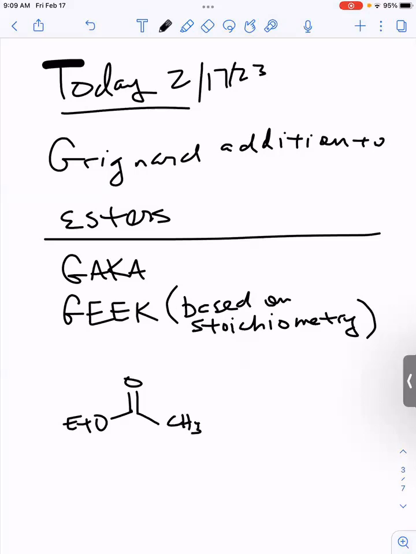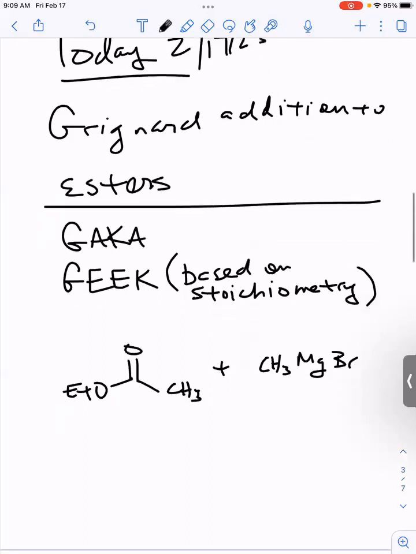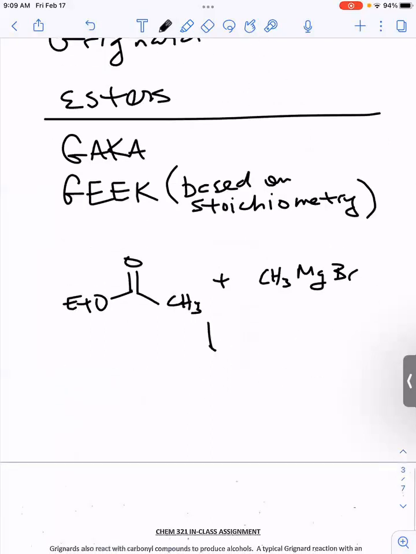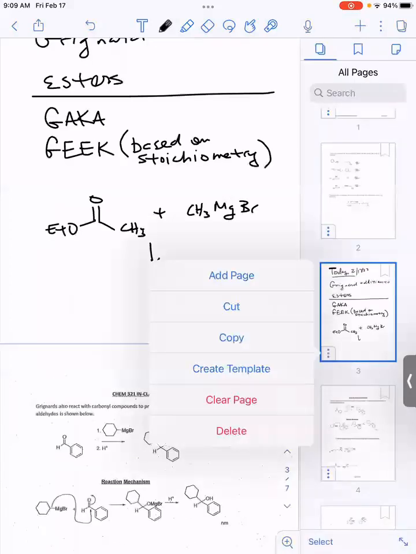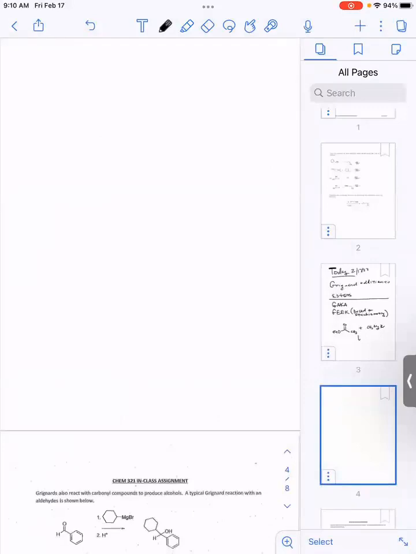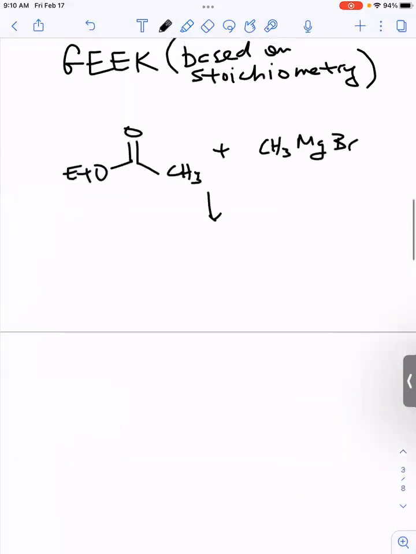So if this is my ester, and I add a simple Grignard, I'm going to get out, and I'll go through the arrow pushing when we get to other examples, a ketone if I only add 1 mole.